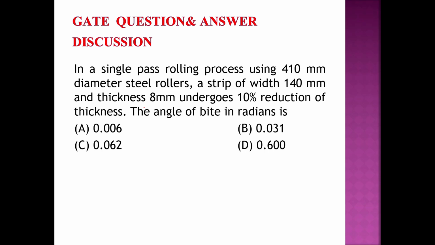The next one is a problem. In a single pass rolling process using 410 mm diameter steel rolls, a strip of width 140 mm and thickness 8 mm undergoes 10% reduction of thickness. The angle of bite in radians is what we want to find. So first we draw the diagram so that it will be easy to understand.